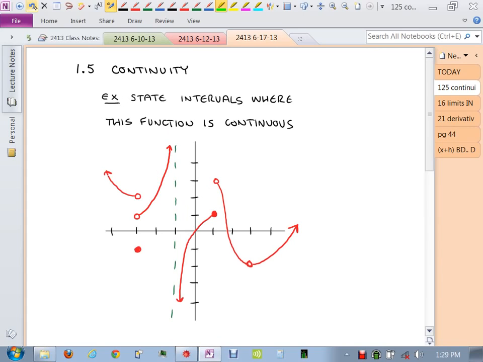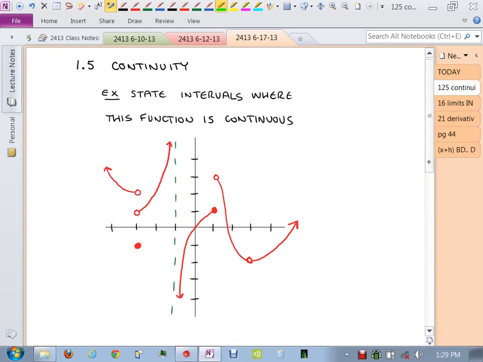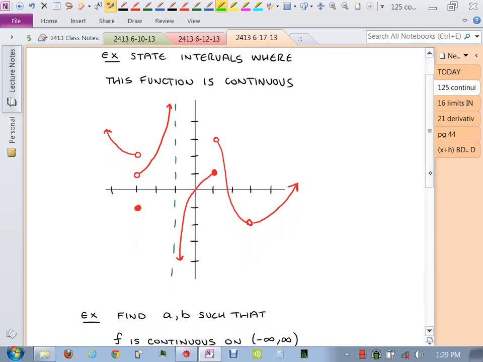All right, where's the next discontinuity? At this asymptote, right? Because if we're trying to draw, what happens? Our function goes up to infinity, right? And then on the other side, it would go down to infinity.